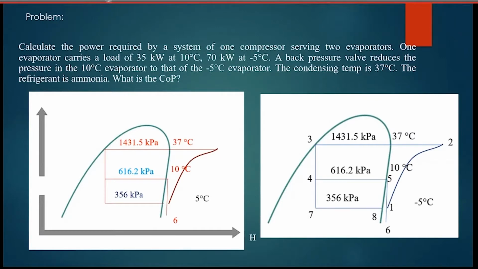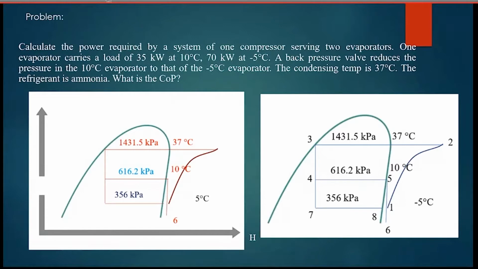Calculate the power required by a system of one compressor serving two evaporators. One evaporator carries a load of 35 kilowatts at 10 degrees centigrade, and another is 70 kilowatts at negative 5 degrees centigrade.